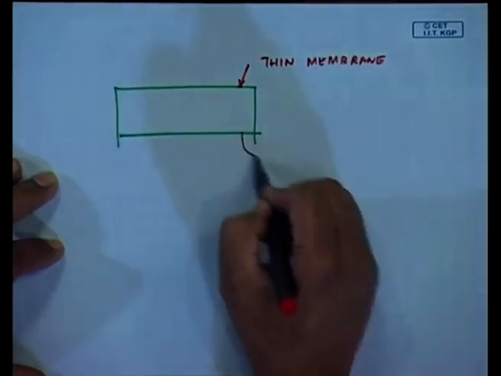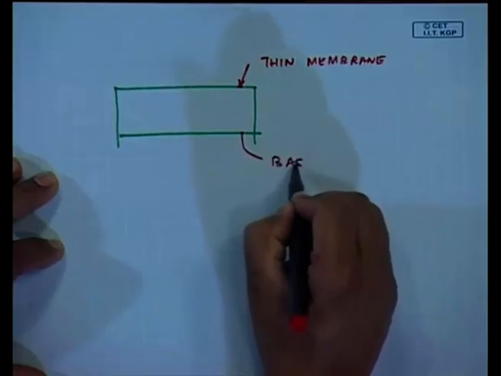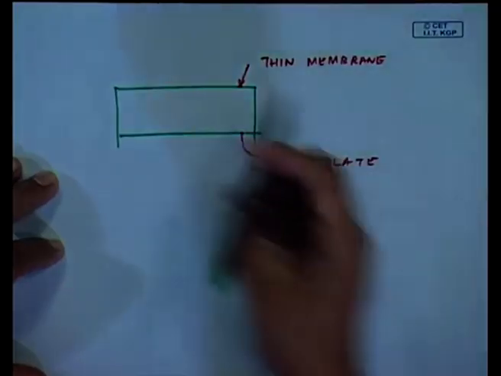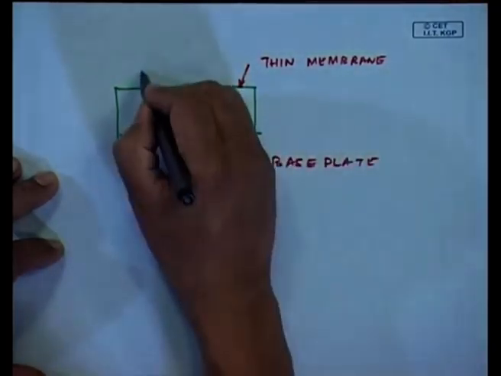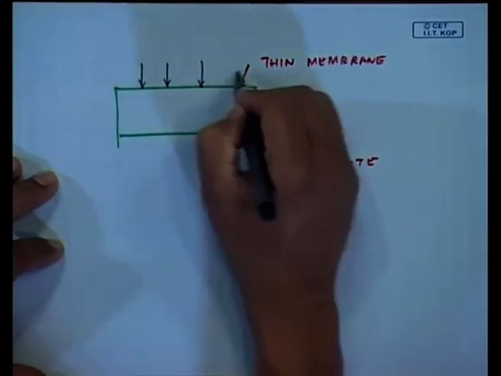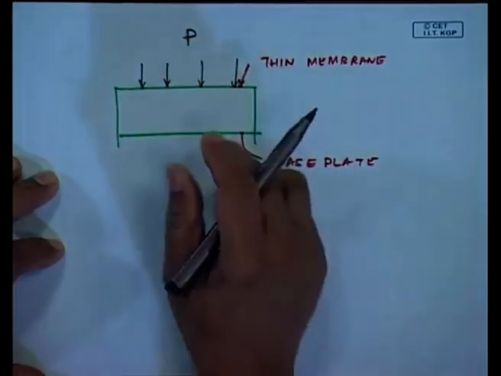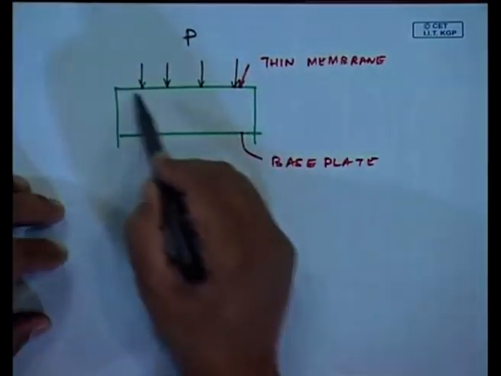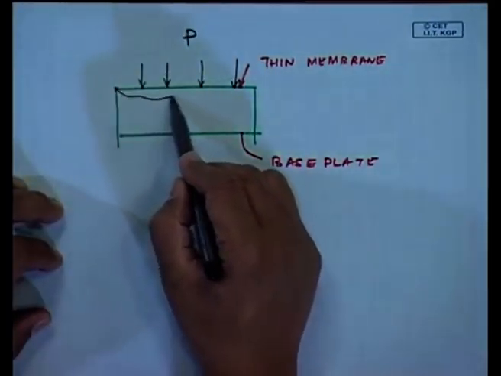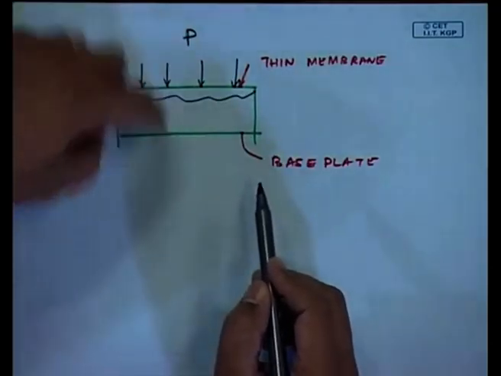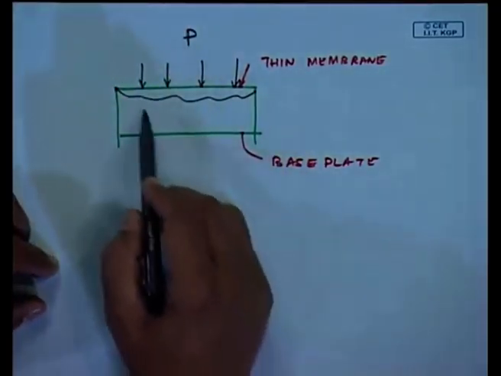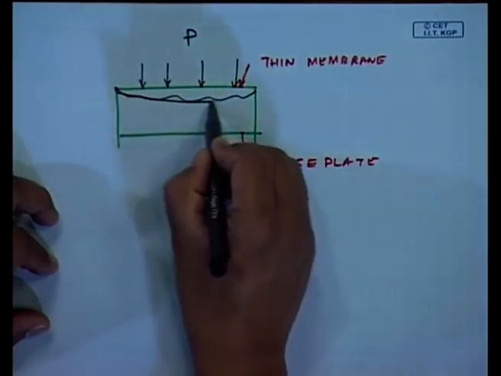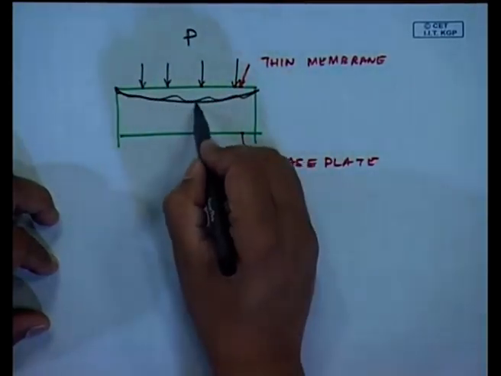And then this is another base plate, metallic. So, if there is a pressure fluctuation, this pressure has become because of the acoustical waves which are being incident. So, what is going to happen? This membrane is going to deflect as per the pressure waves which are incident. So, this gap is going to change.